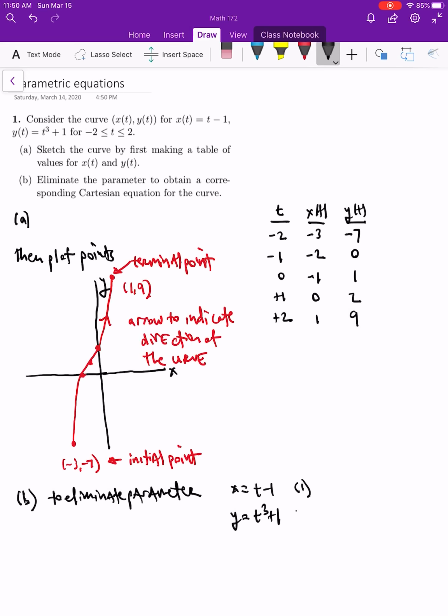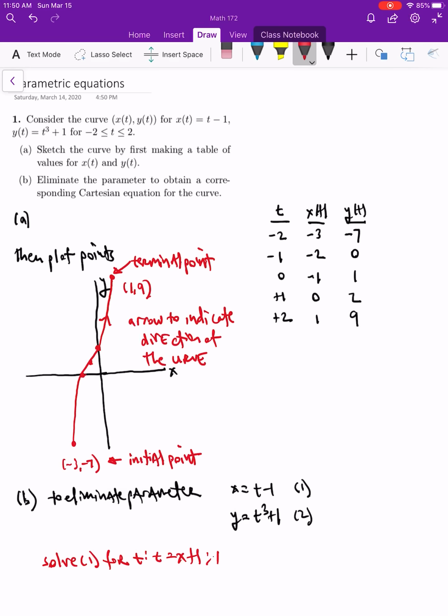So here, I think we can solve the first one for t. So that gives that t equals x plus 1.